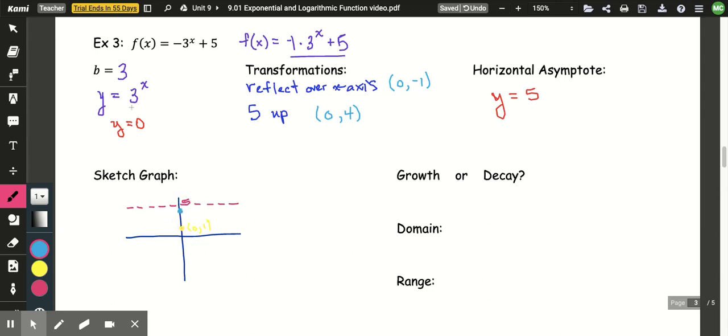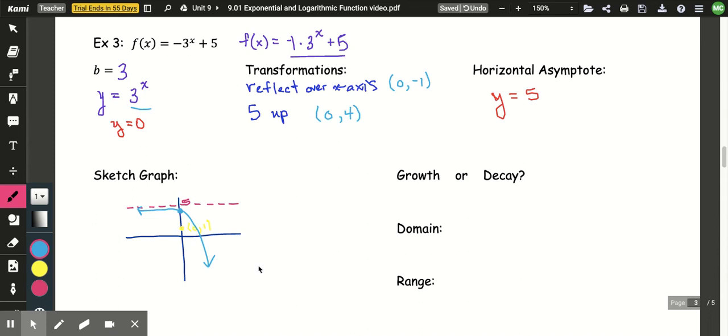Okay, now from the parent function, this was a growth function. So that means to the left of that adjusted y-intercept, the graph is going to get closer to the horizontal asymptote. And as I move to the right from that adjusted point, it's going to move away from that horizontal asymptote.